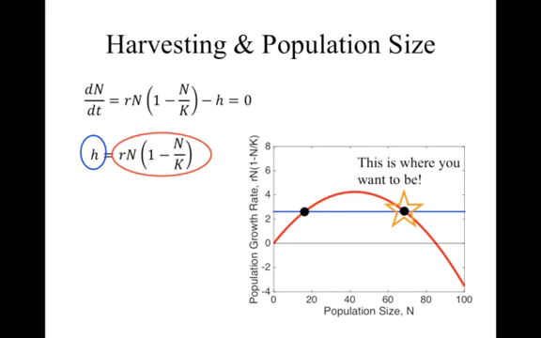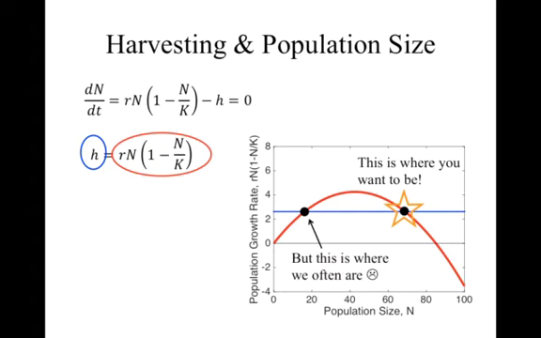That equilibrium point is where the amount you're harvesting exactly balances the amount the fish are being replaced because of population growth. But when I'm on that equilibrium where you want to be, if I take a little bit more than the population growth rate is replacing, it's okay because the population growth rate will speed up to fill in that gap.